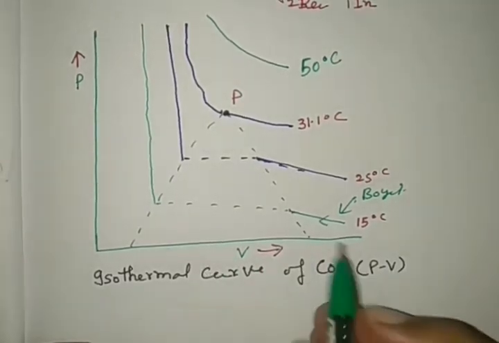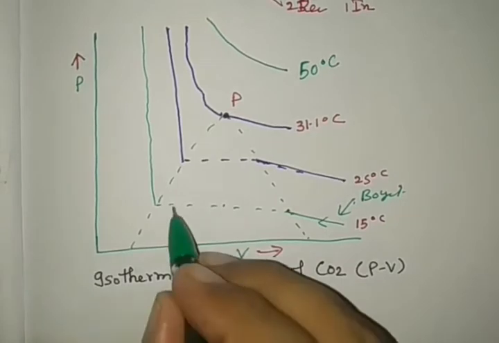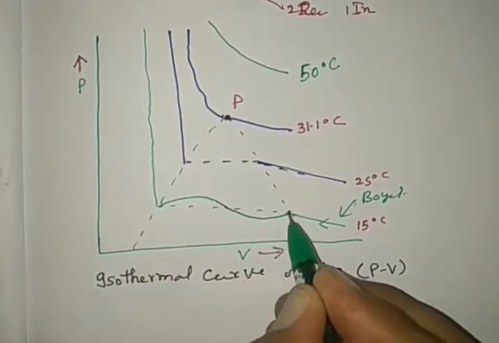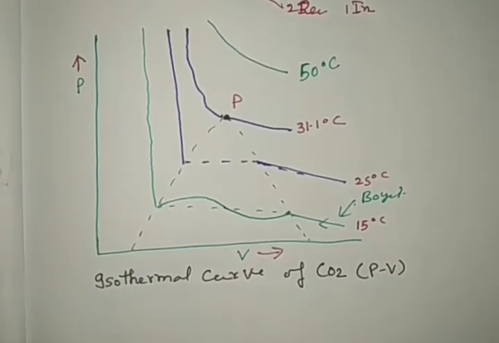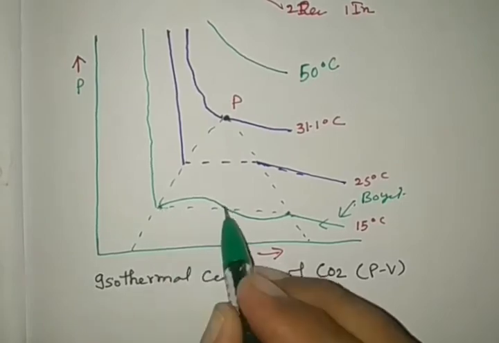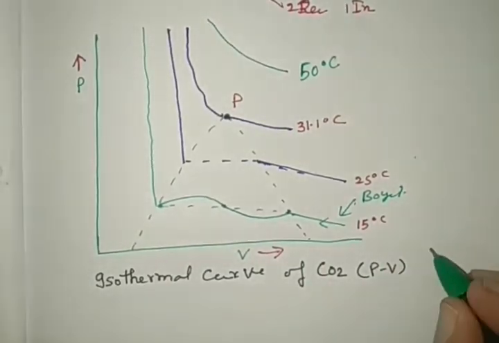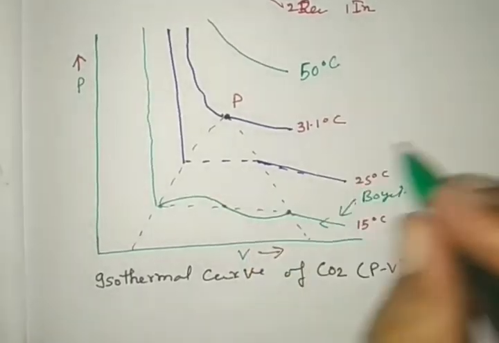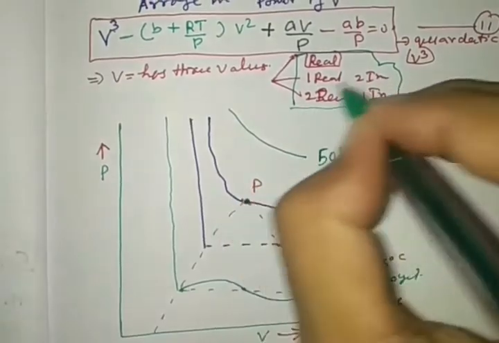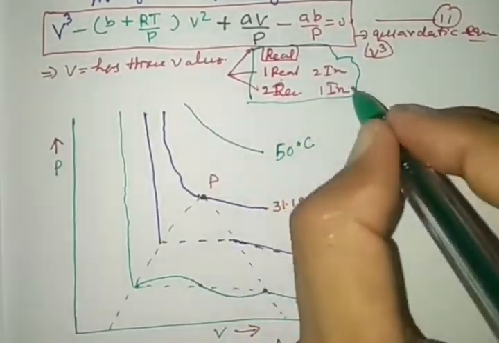Then the gas starts converting into liquid and it shows a jumping form, a little up and down. This shows that all 3 values of the volume are real, with no imaginary value. This is the mathematical concept: all 3 may be real, or 1 real and 2 imaginary, or 2 real and 1 imaginary.